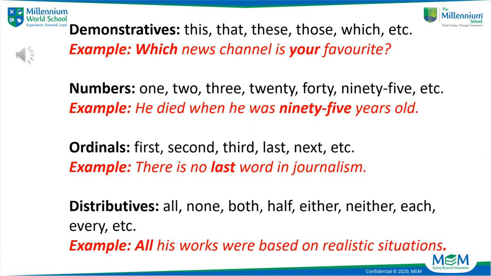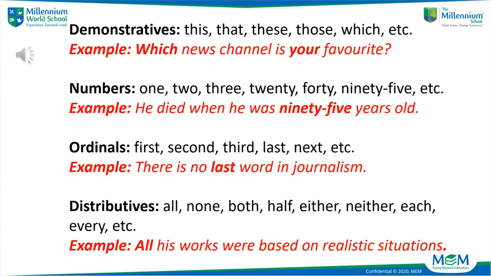Numbers 1, 2, 3, 20, 40, 95, etc. are all determiners. For example, he died when he was 95 years old. Ordinals, first, second, third, last, next, are all determiners.